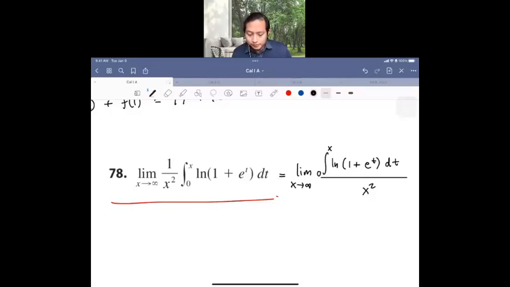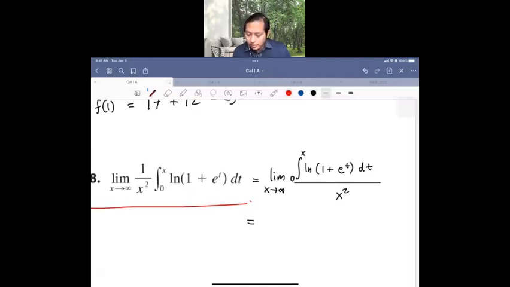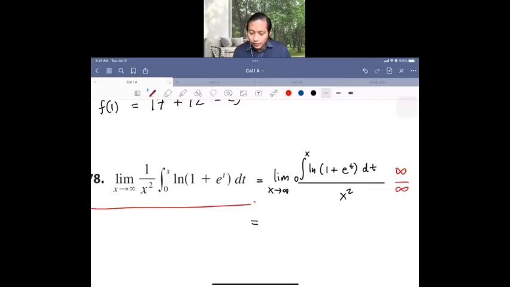So we can write here infinite over infinite, and then we can take the L'Hopital rule and differentiate each numerator and denominator. So the bottom will be 2x, and the top one is just ln(1 plus e to the x).